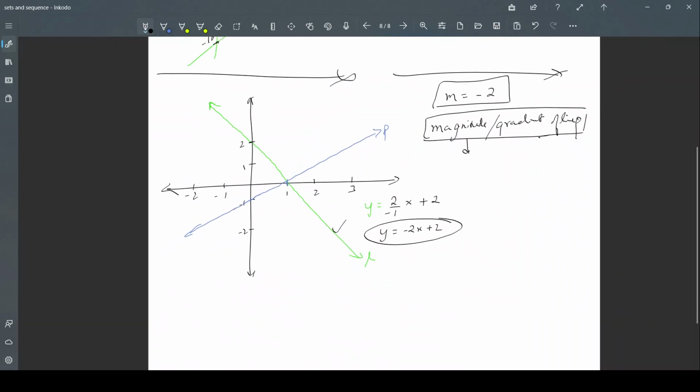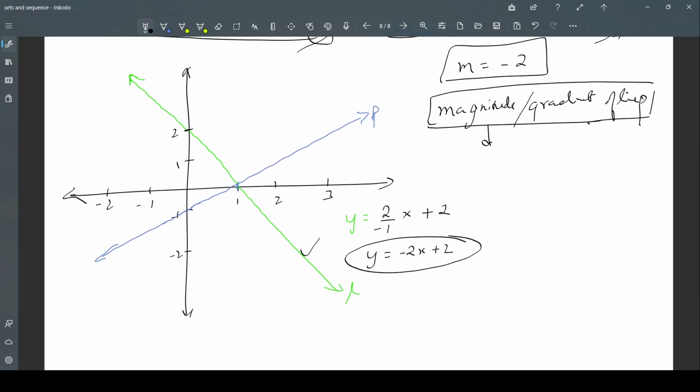You just have to remember a simple formula, that is m1 times m2 equals -1. Keep it in mind. M1 is the magnitude of the first line, M2 is the magnitude of the second line, and that is equal to -1 when the lines are perpendicular to each other.